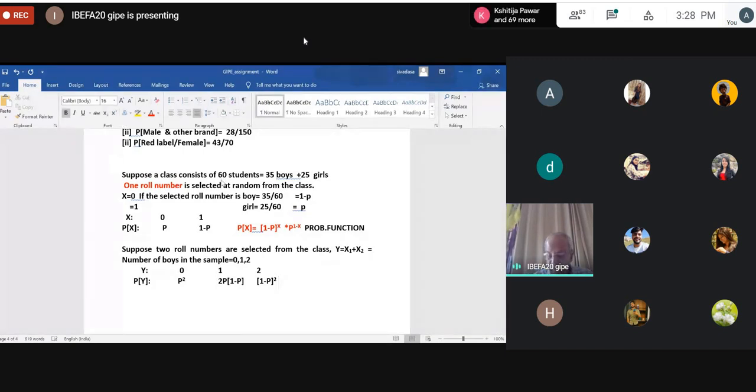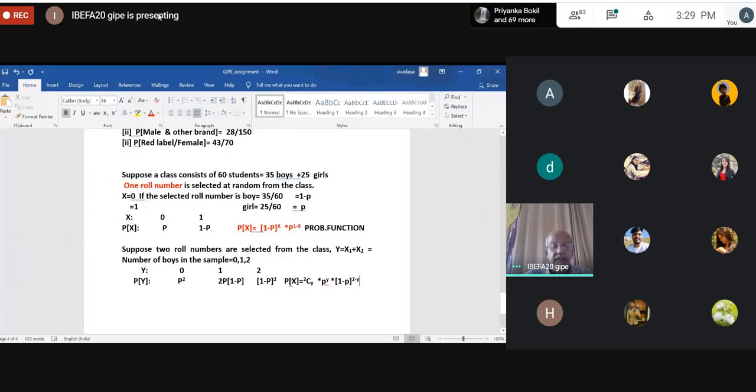And my probability function will be 2Cy multiplied by p to the power y multiplied by 1 minus p to the power 2 minus y.